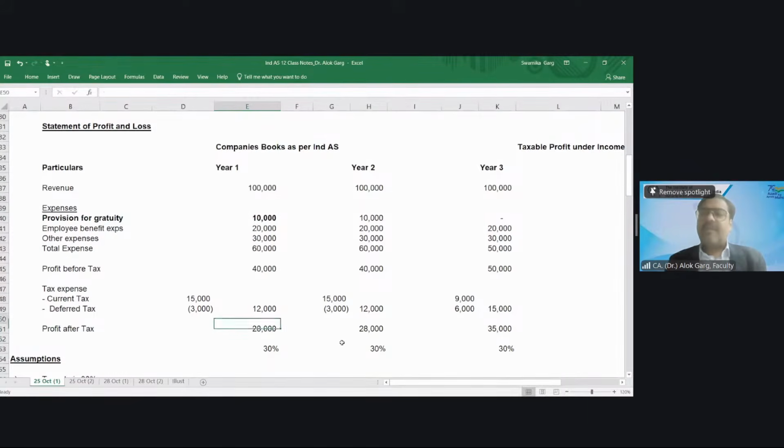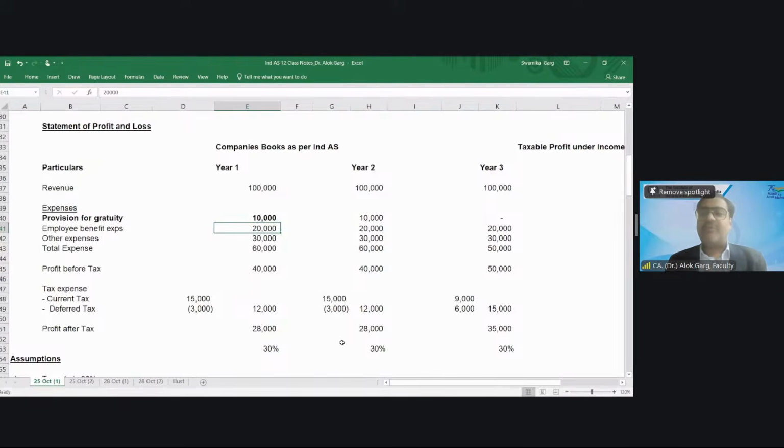Yes, sir. If there were a permanent difference, for example, the company has paid a donation, charity, or made a contribution to CSR, the company will get a benefit under section 80G for the donation. Why is it 80G?